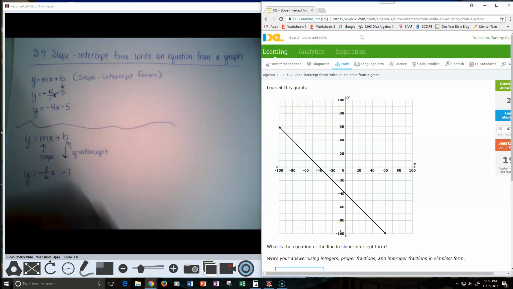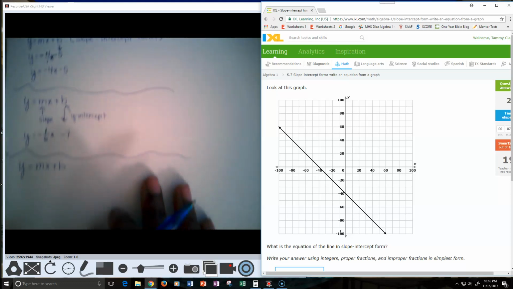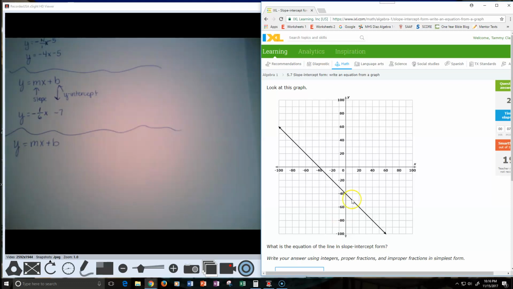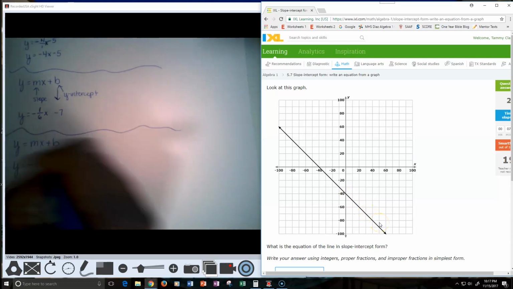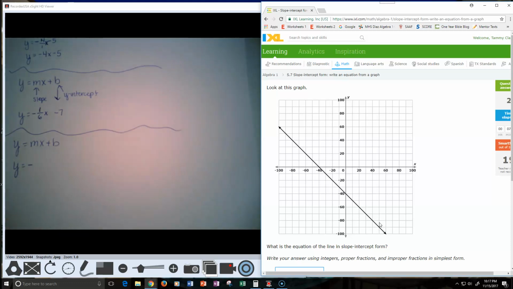All right, so our next one would be, again, y is equal to mx plus b, where m is our slope, b is our y-intercept. Let's first decide, is this a positive slope or a negative slope? The line is falling from left to right like an airplane landing, so we know our slope is going to be negative, so we're going to put a negative sign in front of whatever that number is. Let's look at our y-intercept.